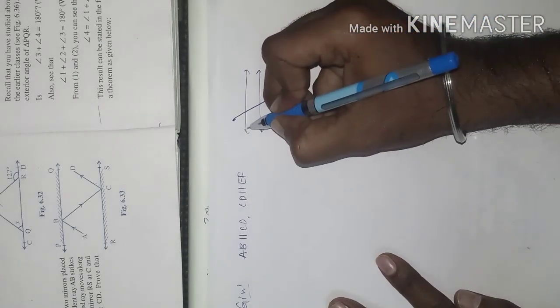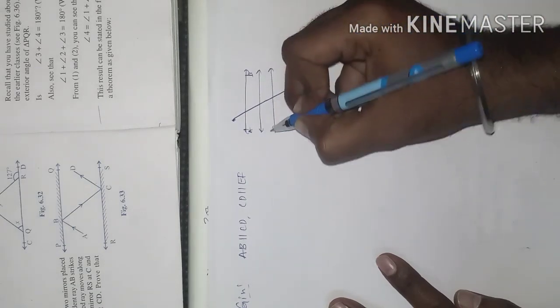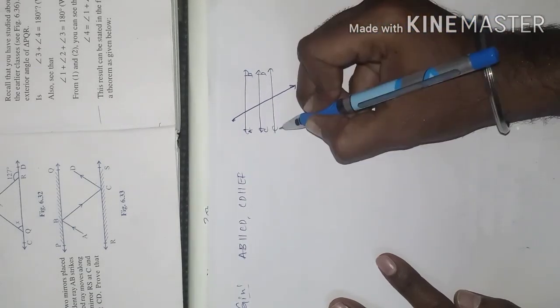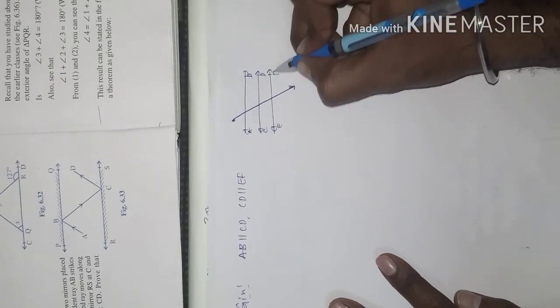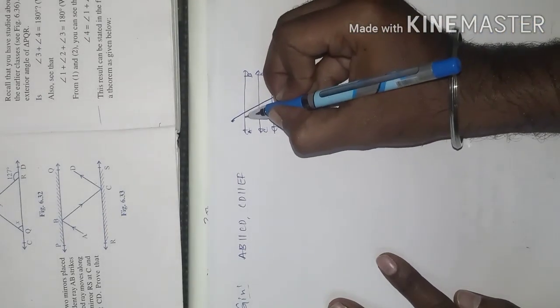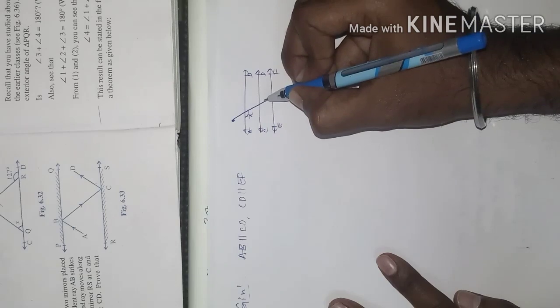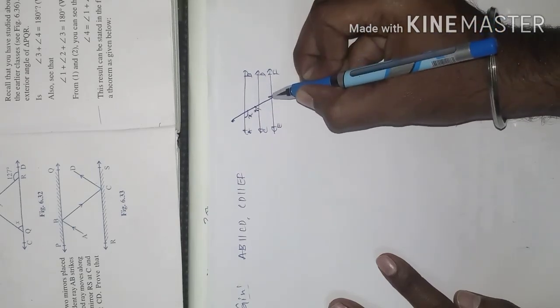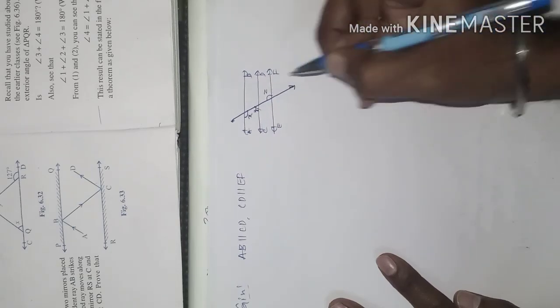So this is line AB, this is CD and this is EF. And they mentioned the angles here: x, and this is y, and over it is z.